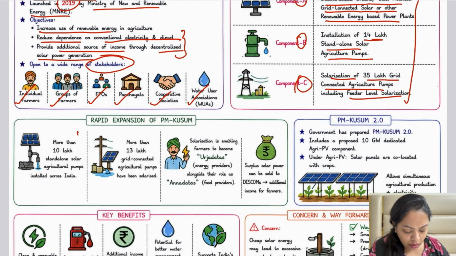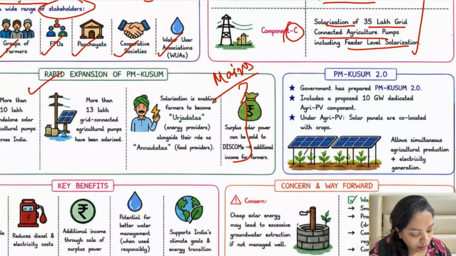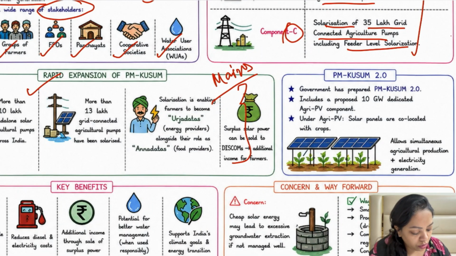Now some basic data on the rapid expansion of the scheme has been given. So you can just use this data in mains. Not really relevant for prelims, but this can be used in answer writing. Then there has been a focus on PM-KUSUM 2.0 as well.